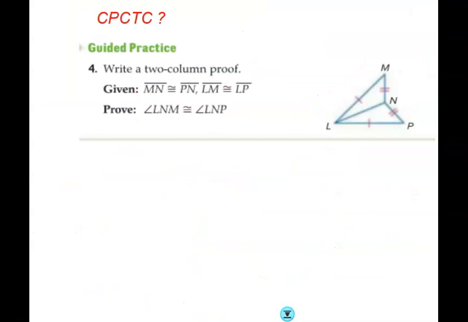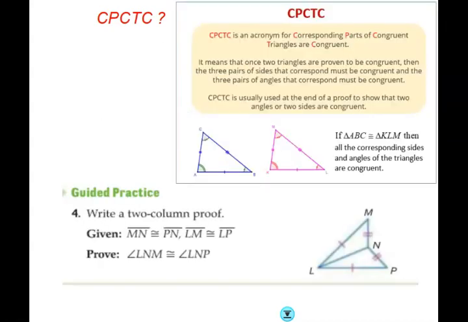All right, so CPCTC, okay? What are we talking about? What does that mean? We're trying to prove that these angles are congruent. All right, this is the last one. So CPCTC, what does that mean, folks?